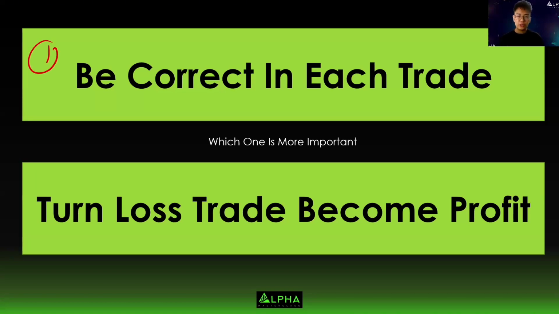Being correct in each trade first makes sure that you are doing the right thing. But you are unable to control every situation of your trades. Just like life, there's ups and downs. We have to make sure that we are equipped with a skill. Regardless of what happens, we have the skill to turn the loss into profits. And that's where we have to talk about dollar cost average.